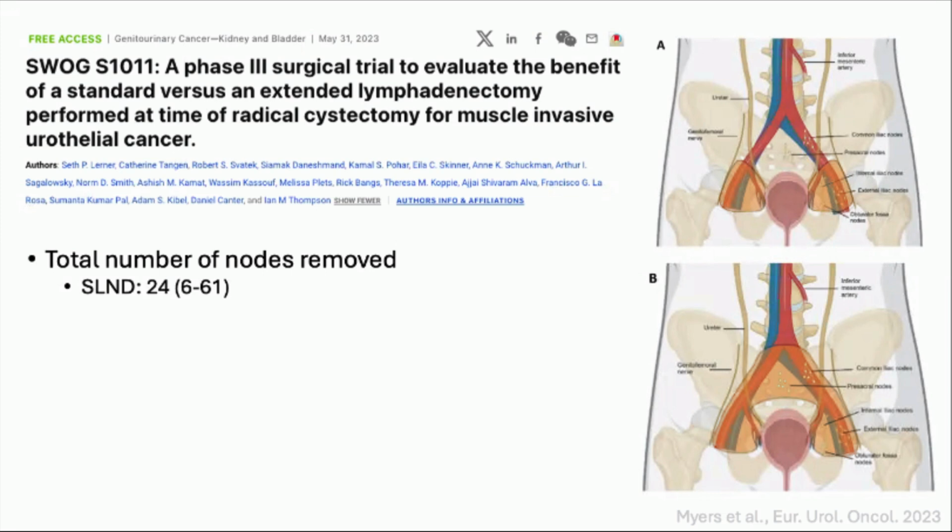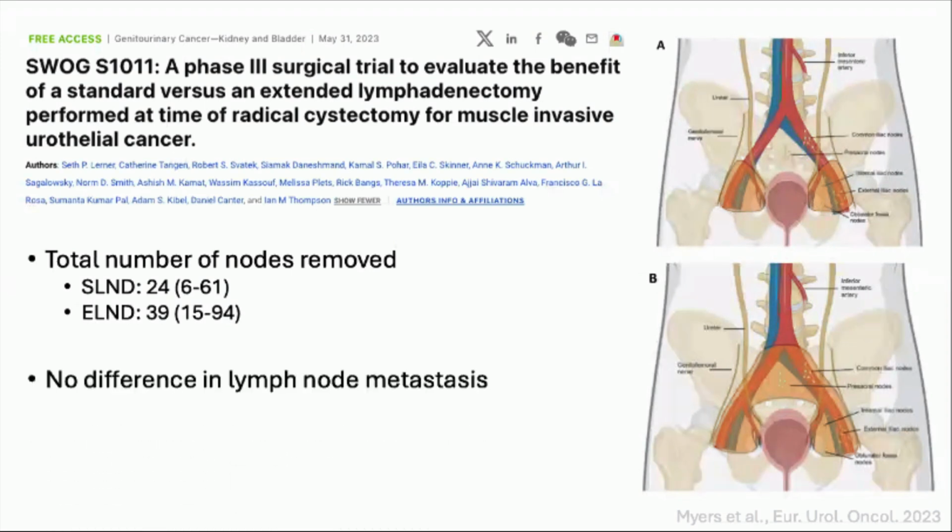In the standard lymph node dissection arm, there was a median of 24 lymph nodes, but that ranged from 6 to 61. In the extended arm, there was a median of 39 lymph nodes that were removed, again ranging from 15 to 59. There was no difference actually in the lymph node metastasis.